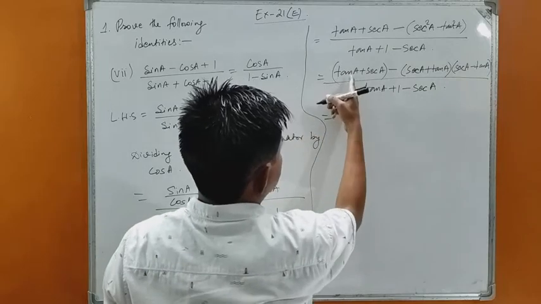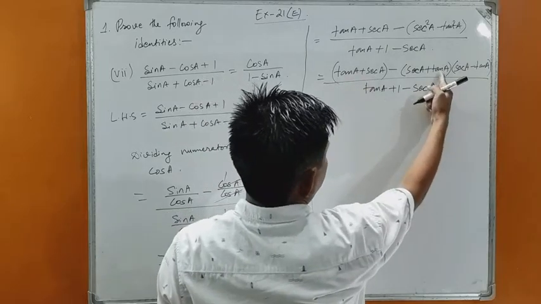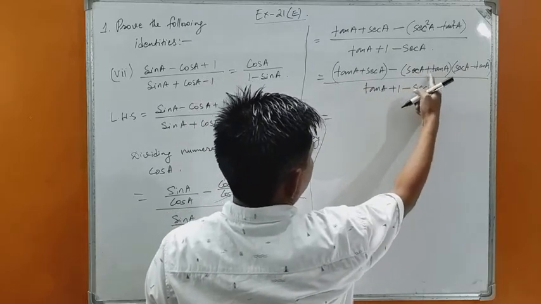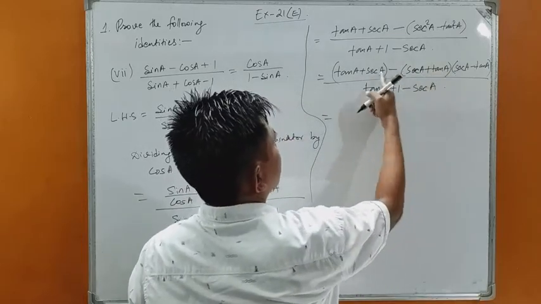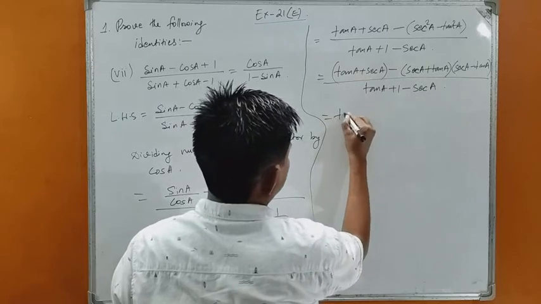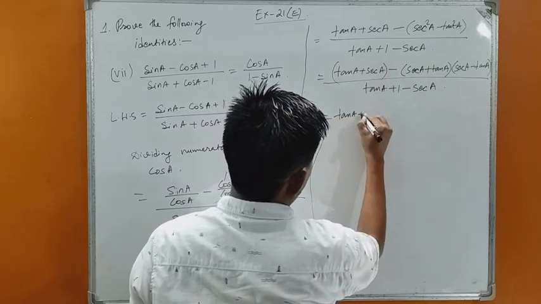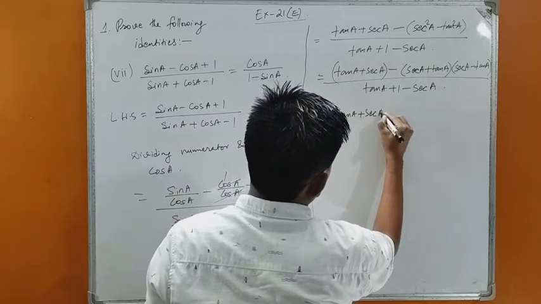Now let us take tan A plus sec A common, because we have tan A plus sec A here. Sec A plus tan A and tan A plus sec A are the same thing, isn't it? Tan A plus sec A is taken common outside.